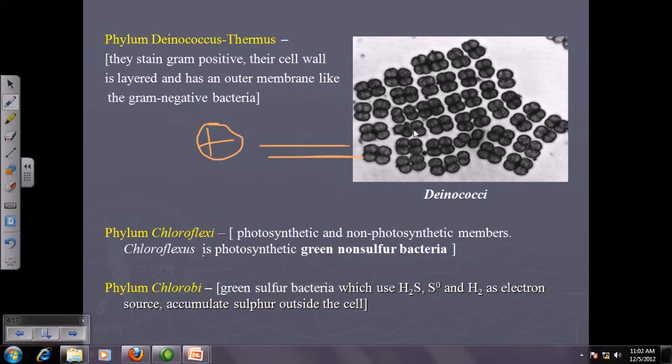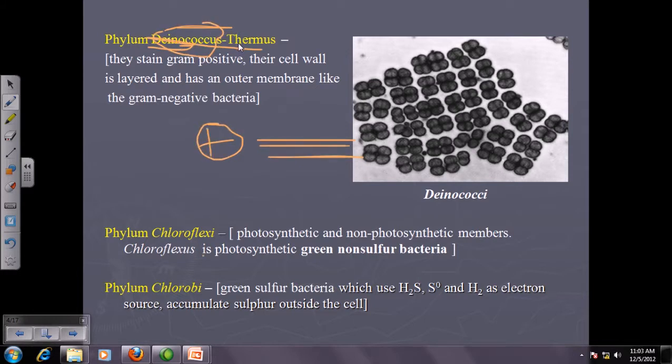In this case, although they stain gram positive, they possess an outer layer which you can only find in gram negative bacteria. So they have a third layer, and in spite of having this third layer, they stain gram positively. That is a quite remarkable feature of Deinococcus.